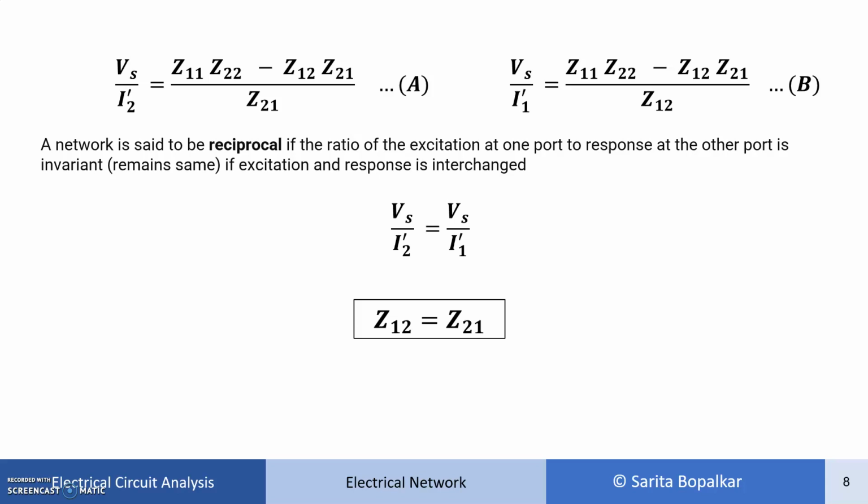If Z12 is equal to Z21, then we can conclude that the given two-port network is reciprocal, and if not, your network is not reciprocal. So this is the condition for reciprocity, in terms of Z parameters, to check whether a network is reciprocal or not. If we know the Z parameters, we can examine whether the given network is reciprocal or not. Thank you.